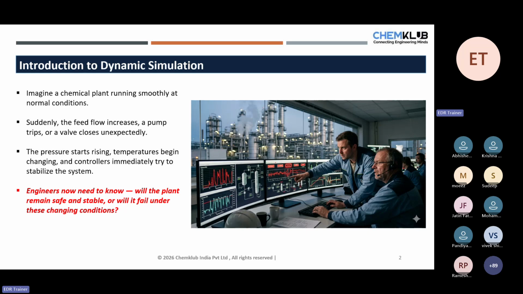Pressure will begin changing gradually. Temperature starts drifting. Levels in the separators or in the vessels will start increasing or decreasing based on the scenario. Controllers start reacting. Valves start moving. Safety system may activate. All these things keep on happening based on the path the plant is going through, and then ultimately it will reach another state.